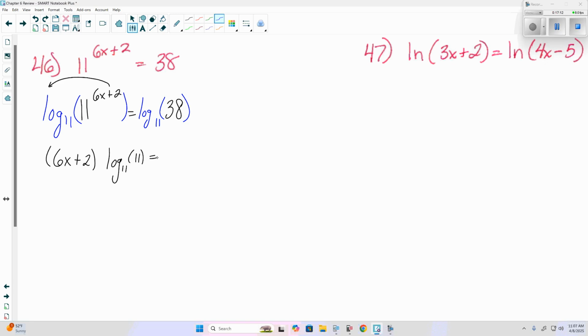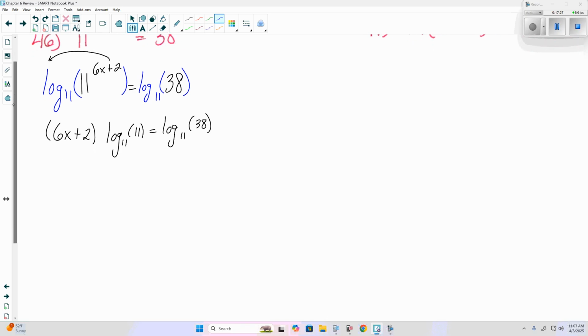By applying a log to it, we're able to get the 6x plus 2 out of the exponent. That's the one main thing we needed to do. The second is that because we use log base 11, our log base 11 of 11 reduces to 1.